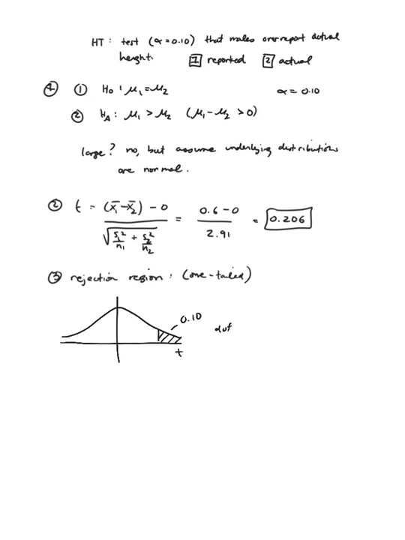The degrees of freedom is the minimum of N1 minus 1 and N2 minus 1. But N1 and N2 are both 15, so it doesn't matter which one you pick, you get 14. So this little value here is t 0.1, with 14 degrees of freedom.